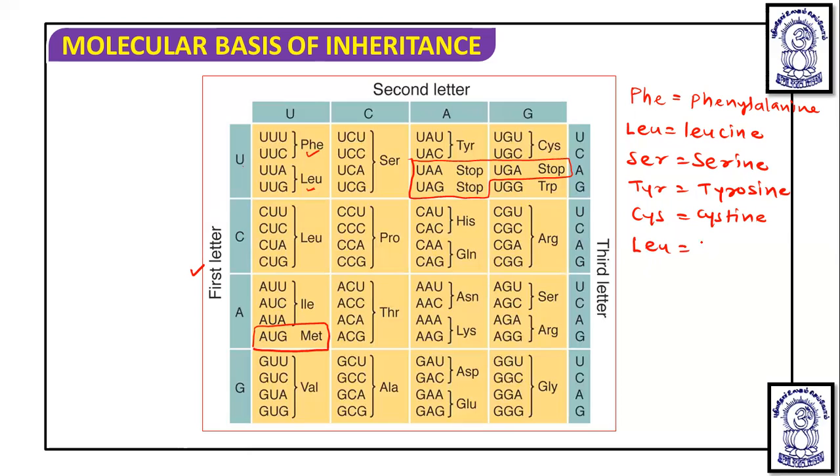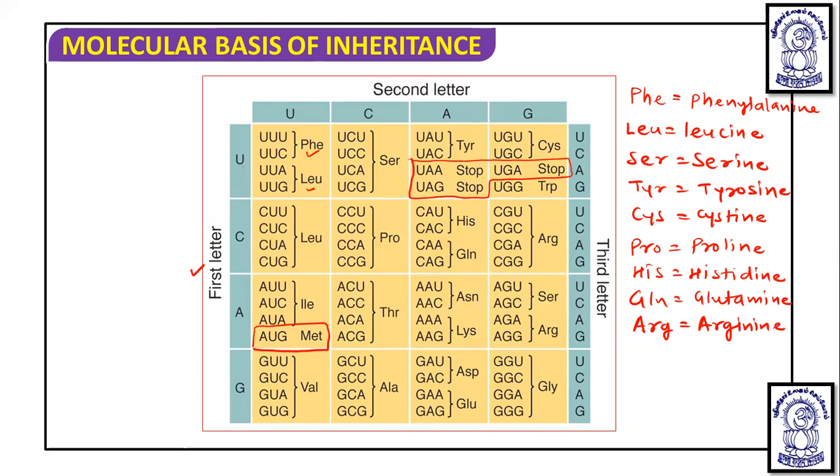LEU for leucine, which we have already written. Now PRO stands for proline. Then HIS stands for histidine, GLN stands for glutamine, and ARG stands for arginine.